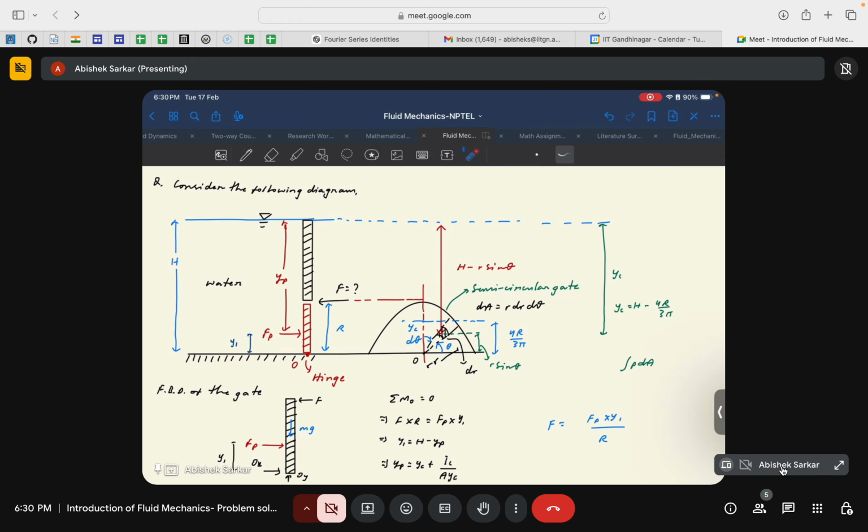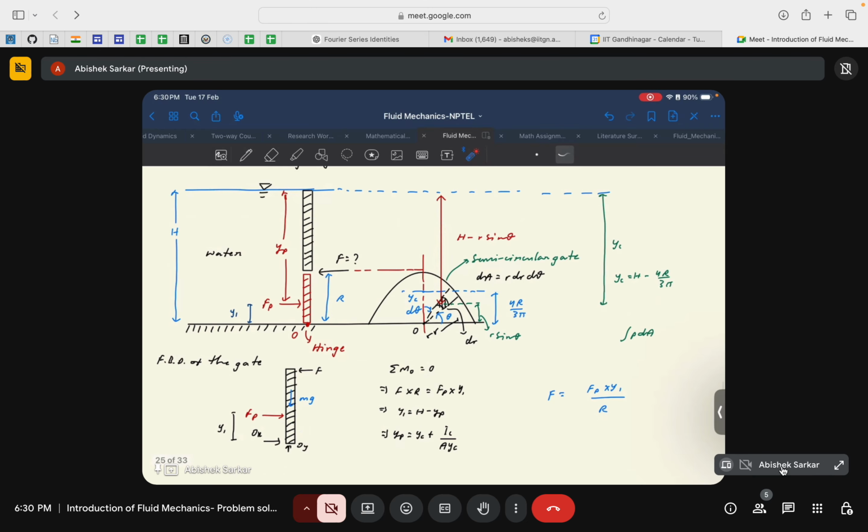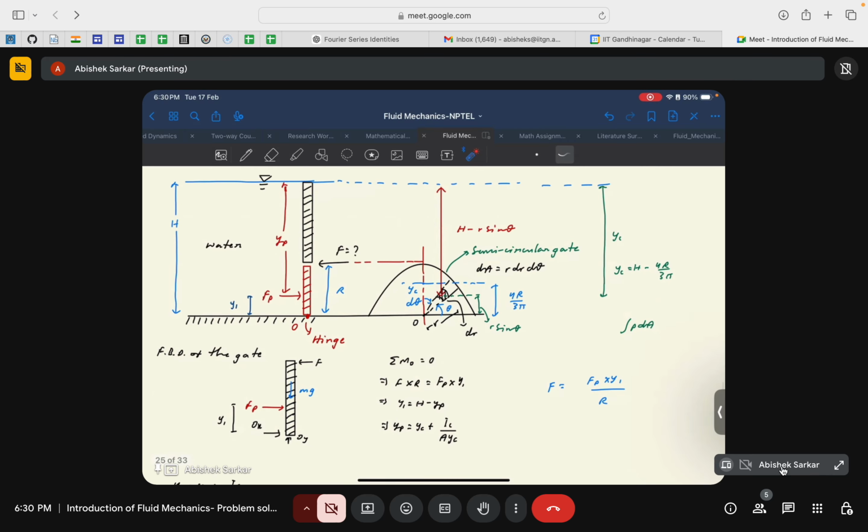So the elemental force, say dF, that acts on this particular elemental area would simply be rho g dA times the height, correct? The height or depth at which this elemental area is located. That's the basic logic that we'll use.